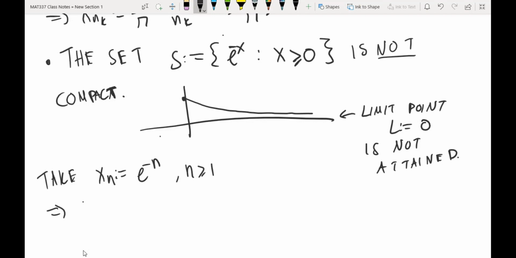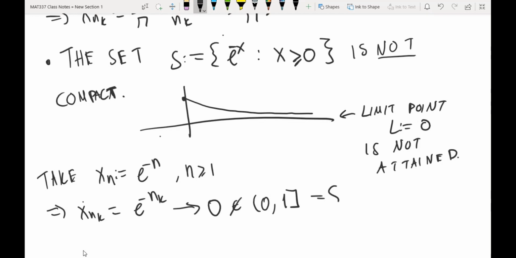Then any subsequence would be e^(-n_k), which goes to 0, which is not in the open interval (0,1), which is what this set is. Is that okay?